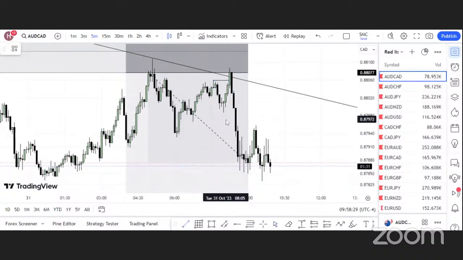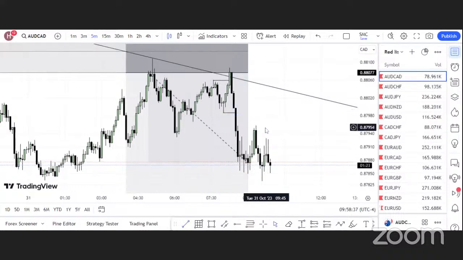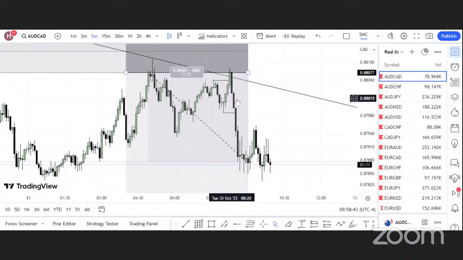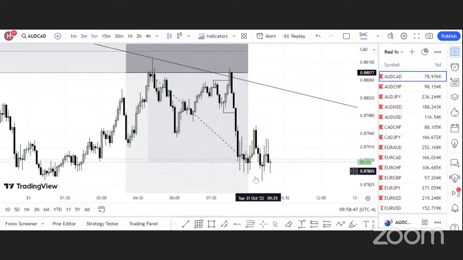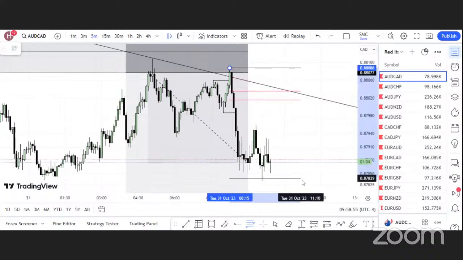Here we have a change of character happening, and we have this other block. We have these fair value gaps, and the market is going to come to fill those fair value gaps. That is when we would be looking for an entry opportunity.